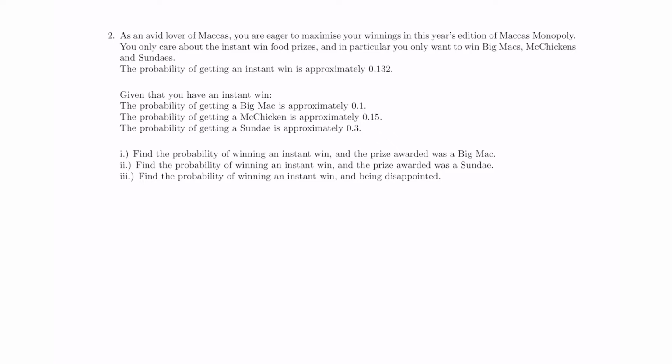So part 1, let's find the probability of winning an instant win, and the prize awarded was a Big Mac. If we think about what probability we're trying to find here, we see that there's an "and" here. So let's define our events. Let event A be the event of winning an instant win.